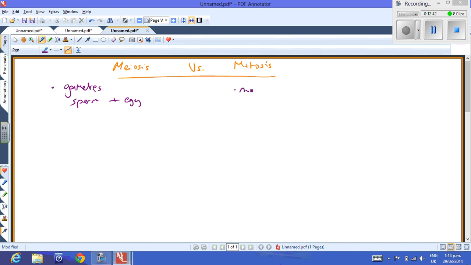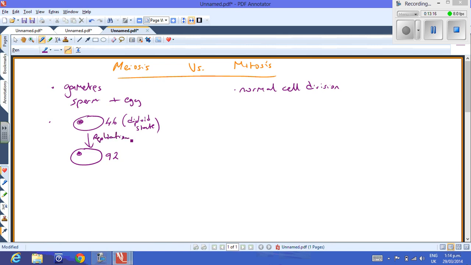Mitosis is just normal cell division. So say you want to grow more skin cells or hair cells, then they'll undergo this process of mitosis. Meiosis, you have one cell, best described with a diagram really. So from one cell, which would have had the normal number of chromosomes, 46, which we described during the week as being the diploid state. From that one parent cell, you will end up, first of all, you double the content and you make 92 chromosomes through the process of DNA replication, which we just described.